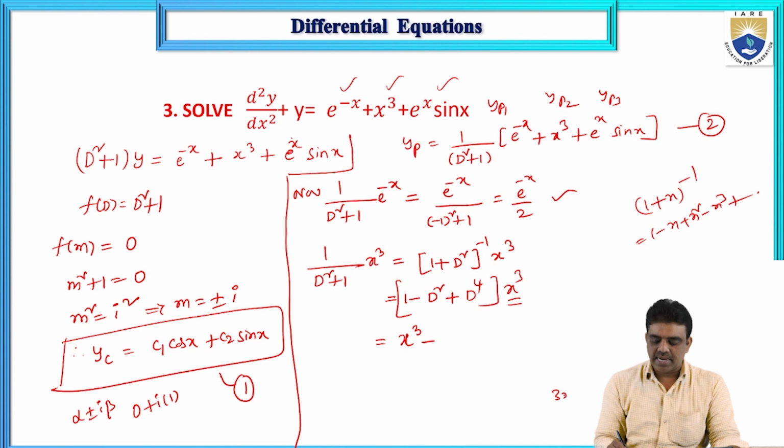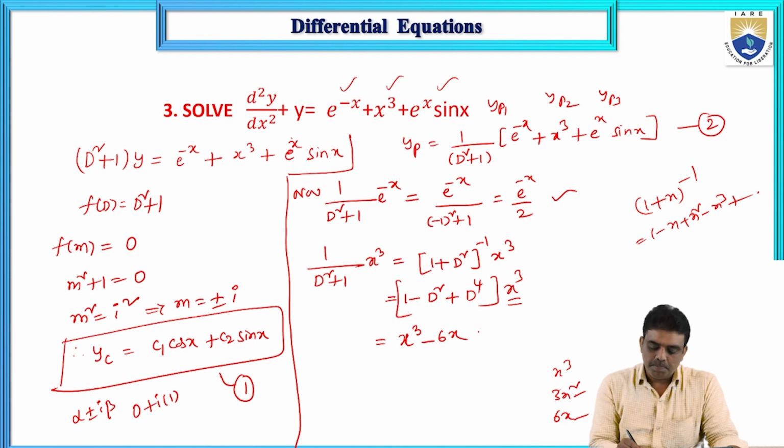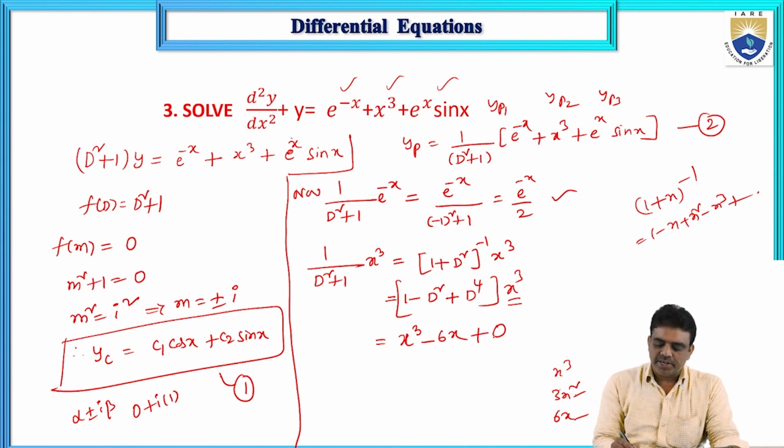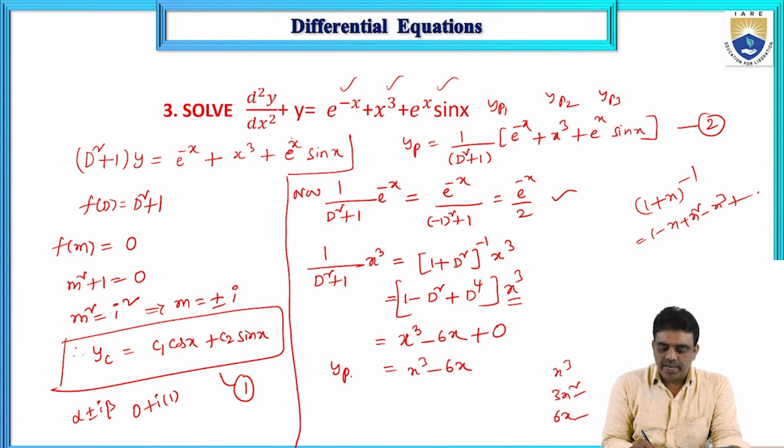The first time it is 3x square, and again on differentiating it is 6x, plus D power 4 of x cube, 4 times differentiation, is 0. That is x cube minus 6x. This is yp2, the second part of the particular integral.